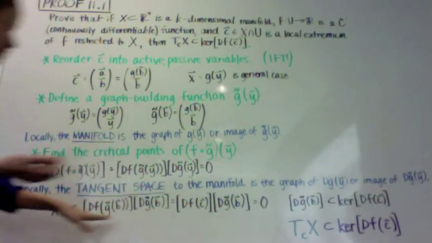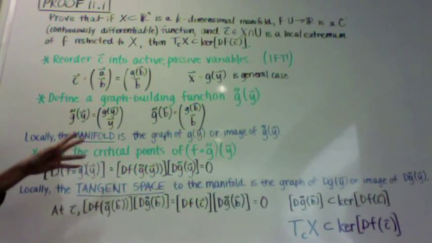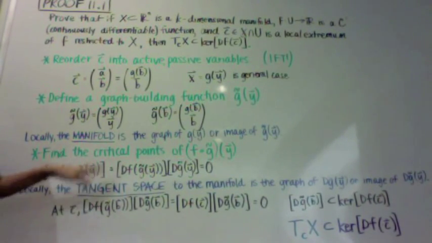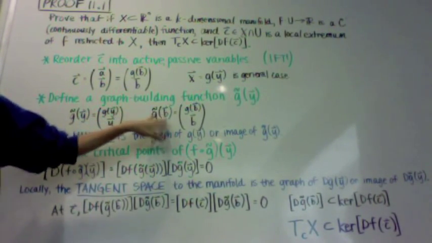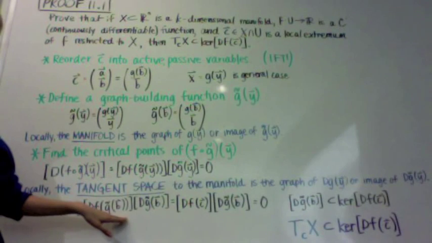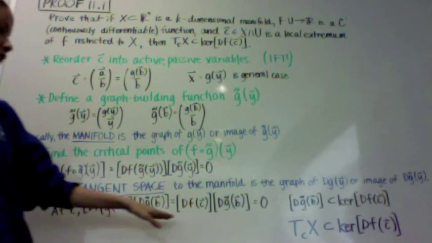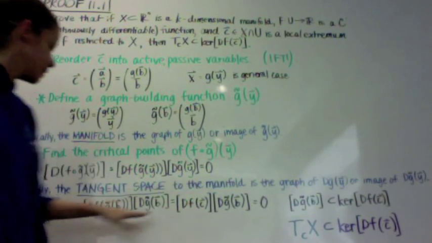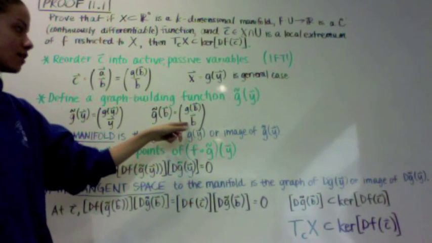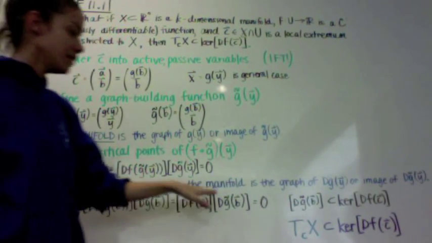So we plug all of these variables in at the specific values that they would be at the point C. Anytime you see g tilde of y, that's going to give you g tilde of b, since we're working at the point C. So that becomes df of g tilde of b times dg tilde of b, which, simplifying even further, gives me df of c, because g tilde of b just gives me c, since here are active, and here are passive, and here are active variables, and that just equals c, times dg tilde of b equals 0.